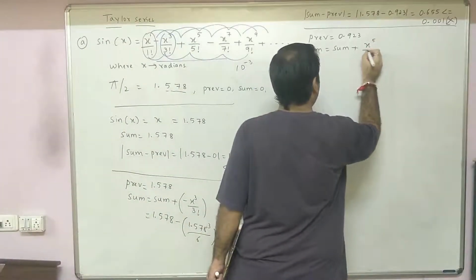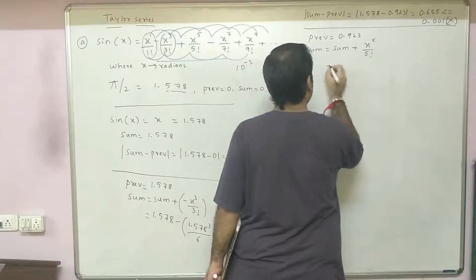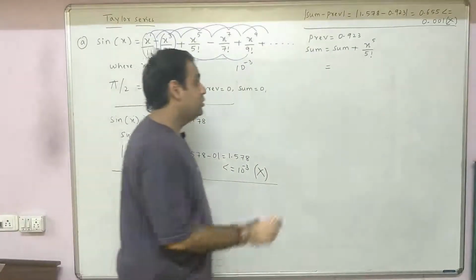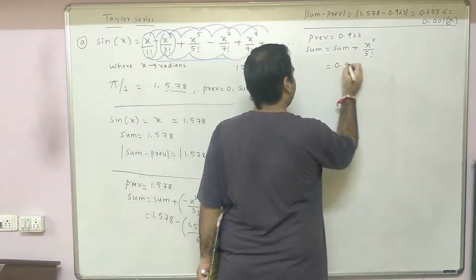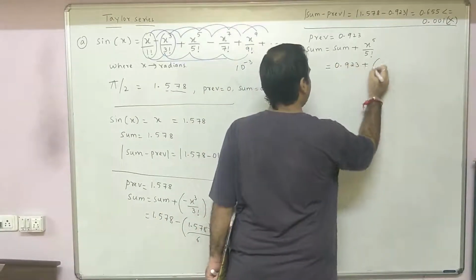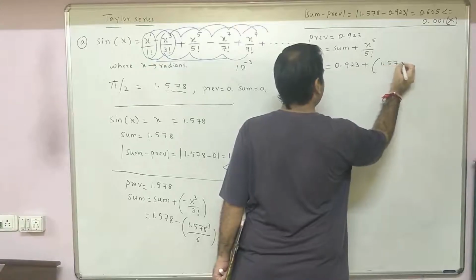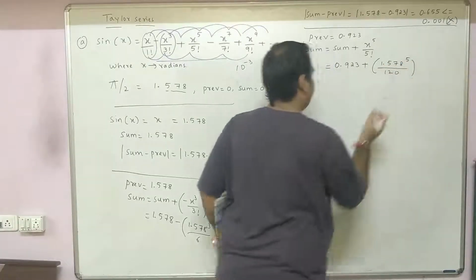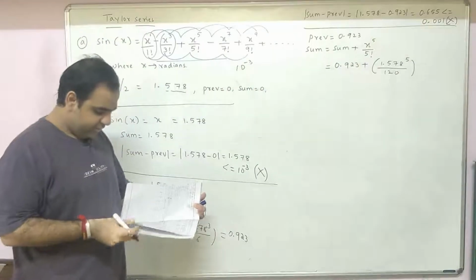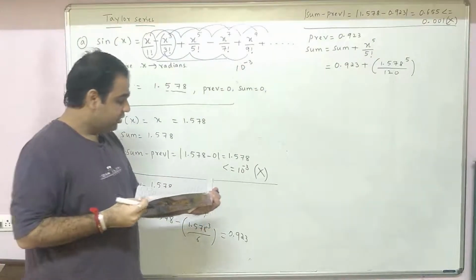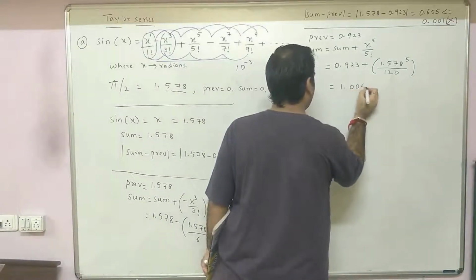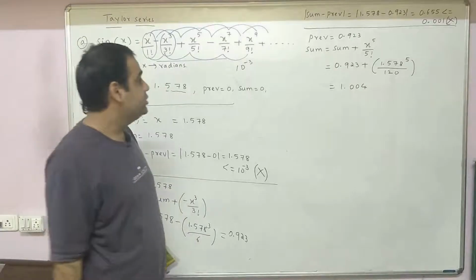So 0.923 plus 1.578 whole to the power 5 divided by 5 factorial, which is 120. If I compute this, we get the answer as 1.004.